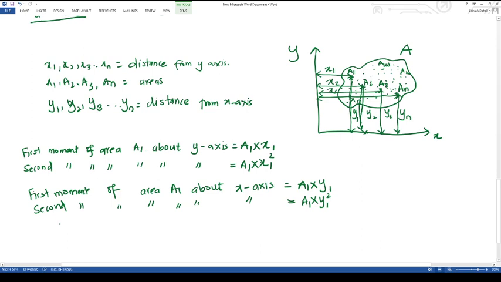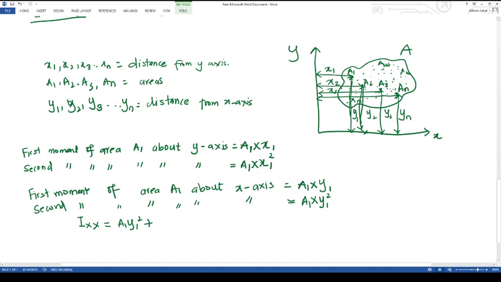So in general, what can I say? In general, I can say that Ixx, which means moment of inertia about the x-axis, is equal to the summation of all the moments of inertia, which will be A1 y1 squared plus, this is for the first one.